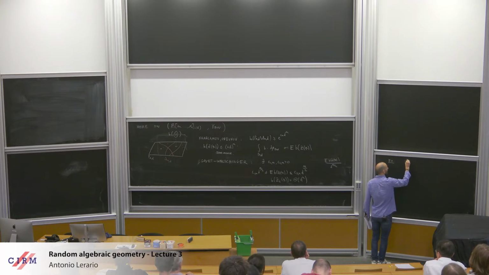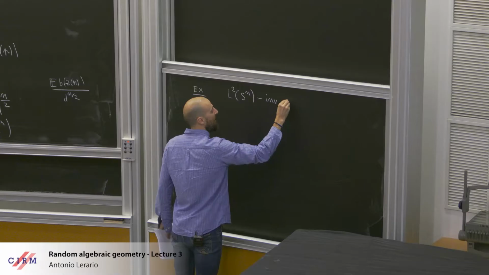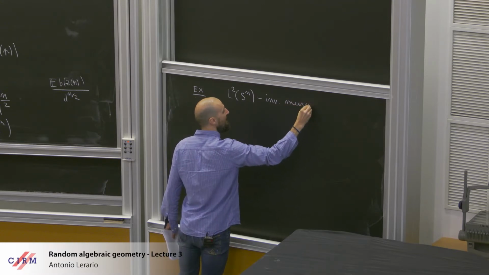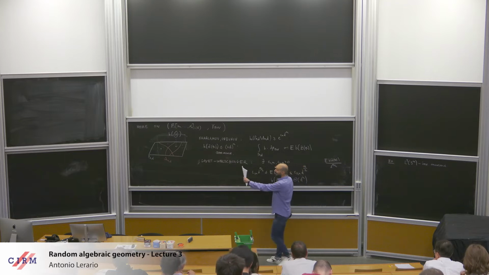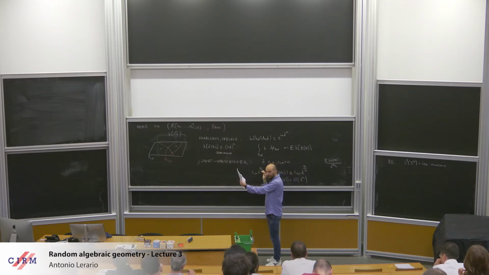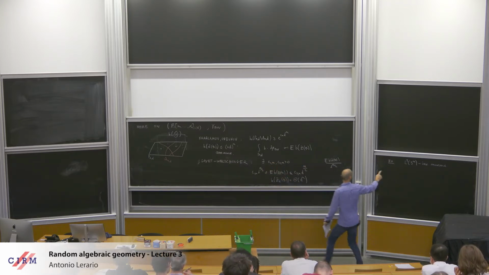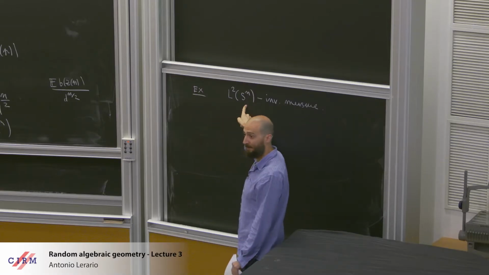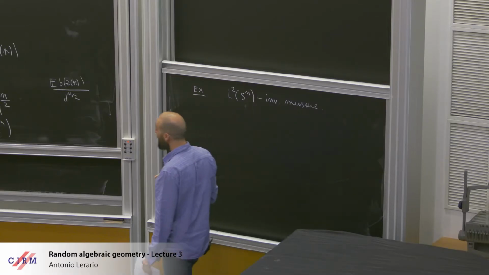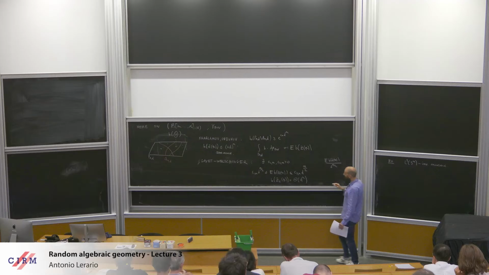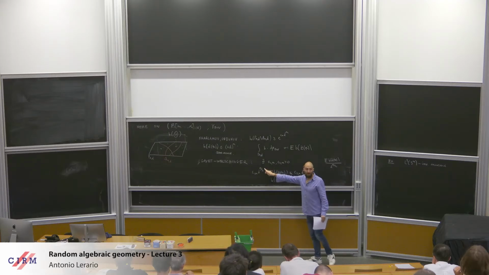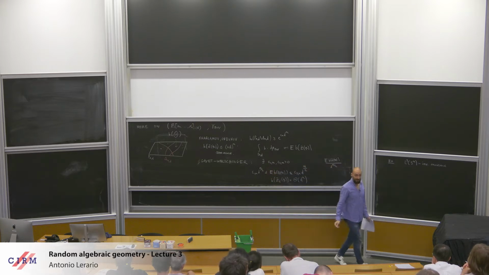If we take the L2 scalar product on the sphere S^n, which means that instead of choosing the Bombieri-Weil norm for building my measure, I take the L2 scalar product, well, in this case the order is not d to the n over 2, it's actually d to the n.